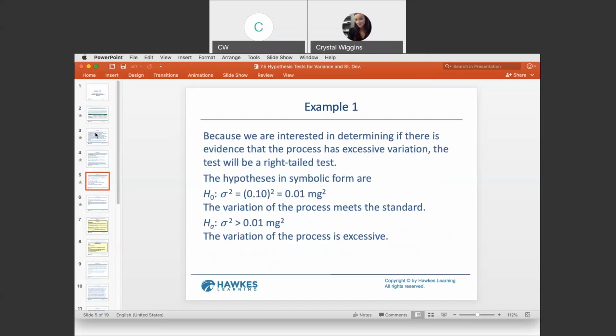Because we are interested in determining if there is evidence that the process has excessive variation, the test will be right-tailed. So we're saying that there's no excessive variation in the null, which means that 0.1 equals 0.1, equal sign. And the alternative states that there is excessive variation in the pill, meaning more than 0.1.